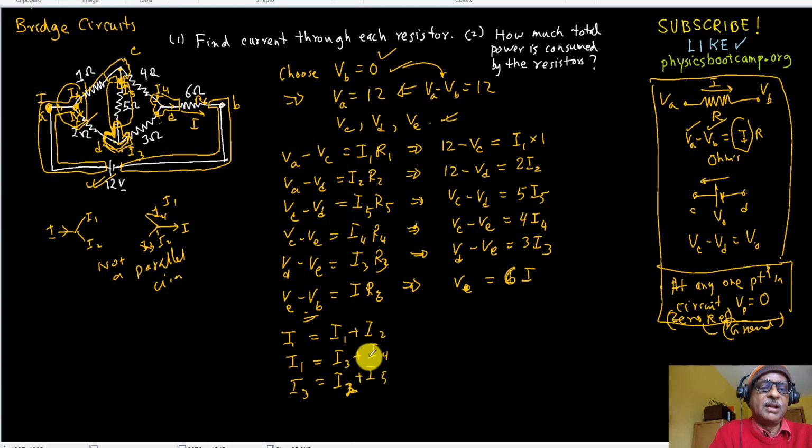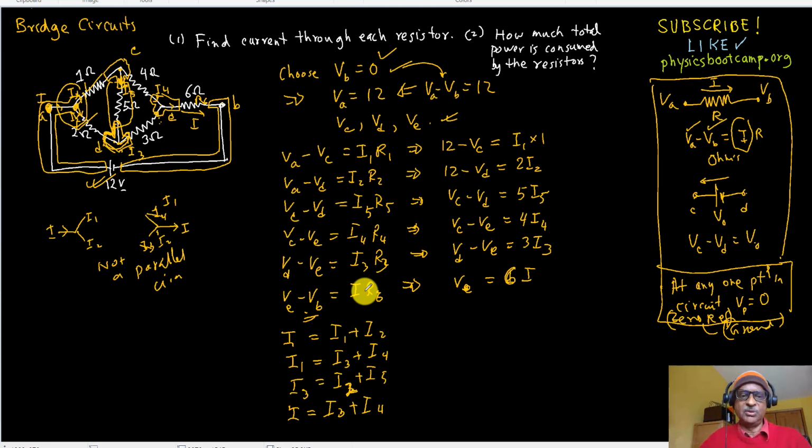And then over here, these come in. I must equal I3 plus I4. If I put these in, I'm going to get equations for the unknowns.